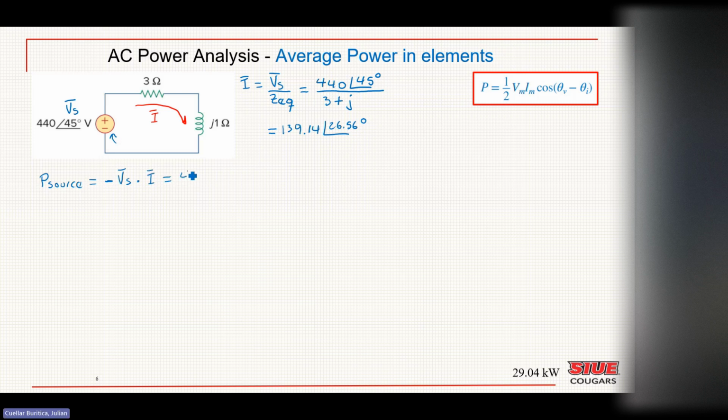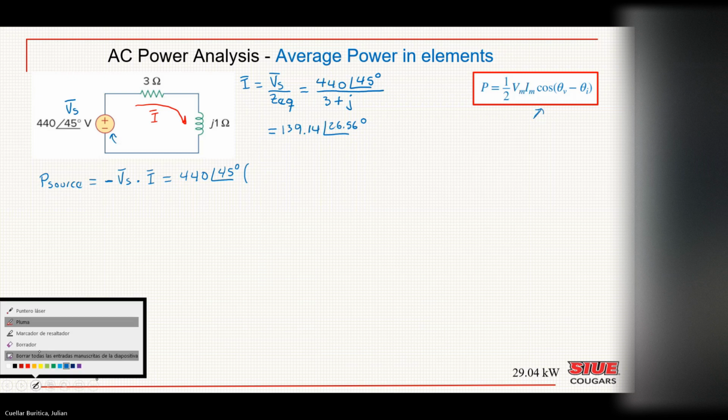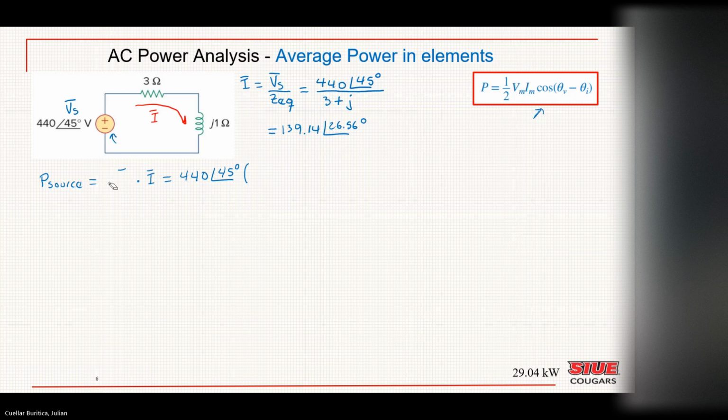Then this is going to be equal to 40 at an angle of 45 degrees times the current. Oh, but we already have the formula here that we need to apply. Let's do that then.